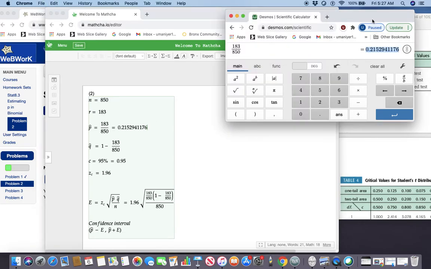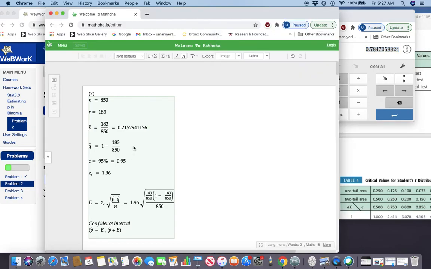Okay. Now 1 minus all of this is this. That is Q hat. Okay. You have this. Now to find E, it might be helpful to go stepwise.